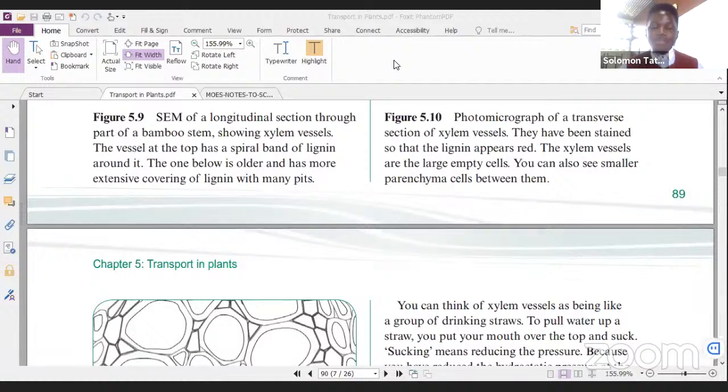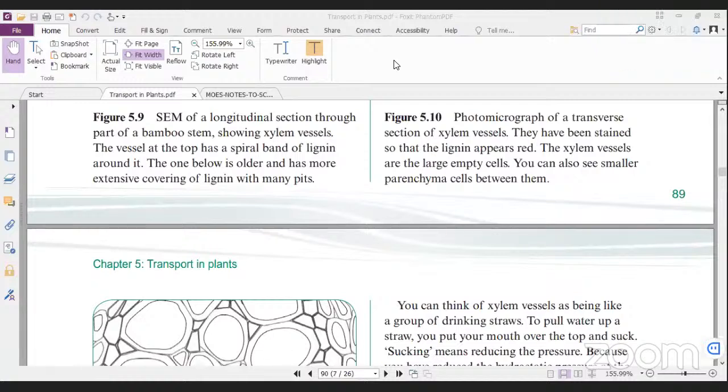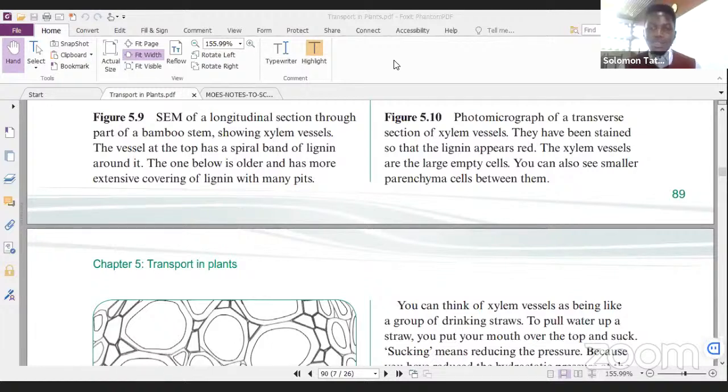Yes, Daphne? Mass flow is the movement of large quantities of water and solids in the same direction. I think that's 100% correct. Good job, Daphne. I can't add anything to that, but what I would add is an analogy.